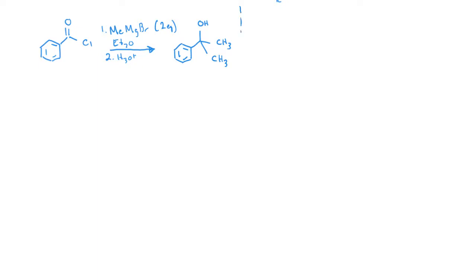Now let's compare this product with what we would get if we used the same acid chloride and a similar Gilman reagent. So my Gilman reagent should have two methyl groups attached to the copper metal center, and then a lithium counterion.